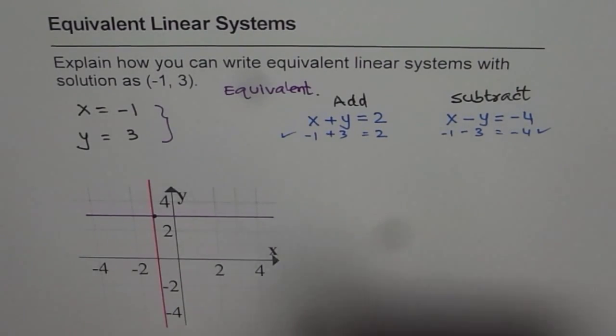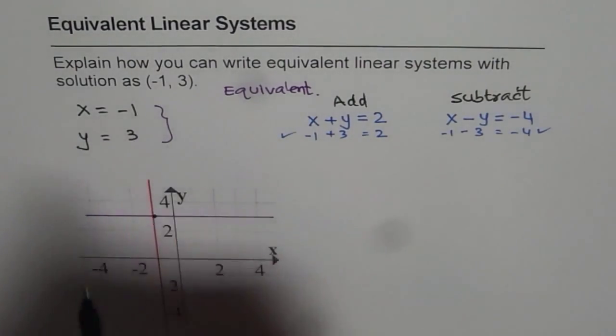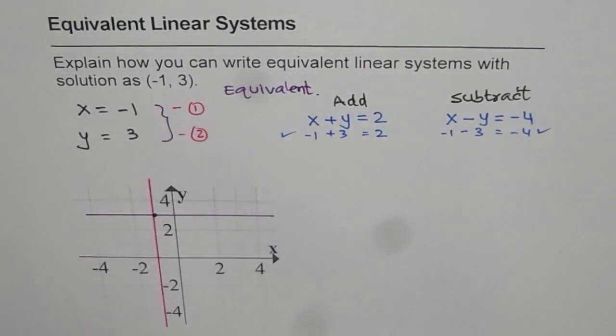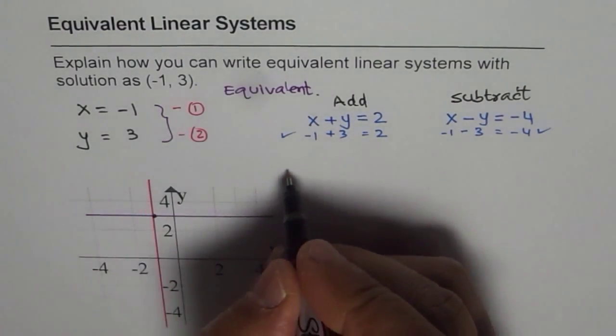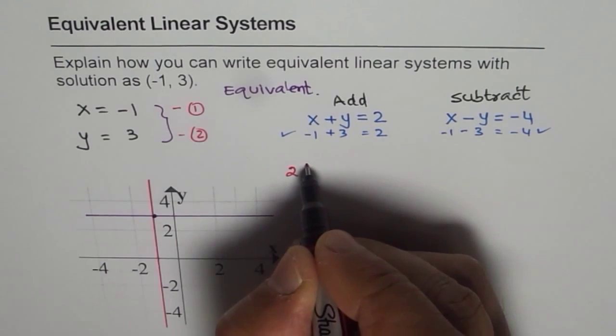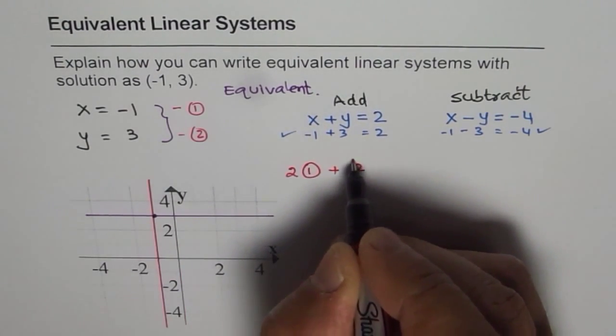So what we can also do is multiply the equations by numbers. Let us call this equation 1 and this equation 2. This time I'll multiply equation 1 by 2 and then add equation 2.